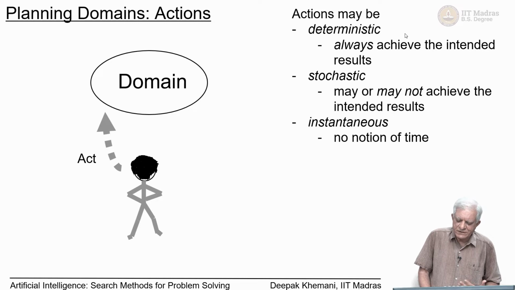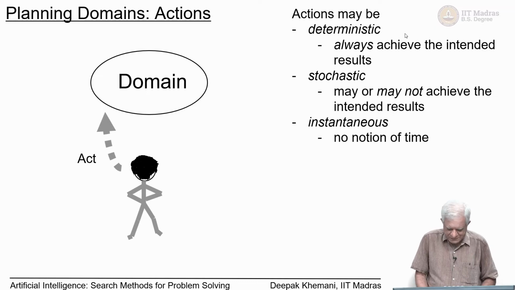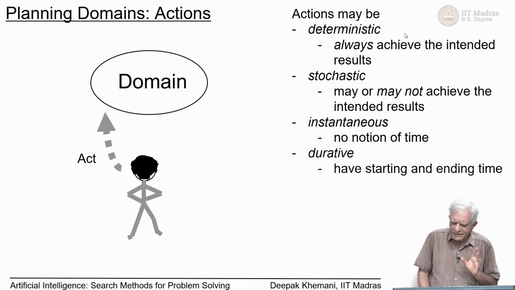There is a whole community which looks at stochastic actions. They look at a process called MDP, or Markov decision process, planners, in which the stochasticity is built into the modeling of the domain. Then actions can be instantaneous, which means that we do not have a notion of time. If we say pick up something, that means it is done in an instant. We do not even represent time in the simpler domains, and we assume that the actions can be done instantaneously.